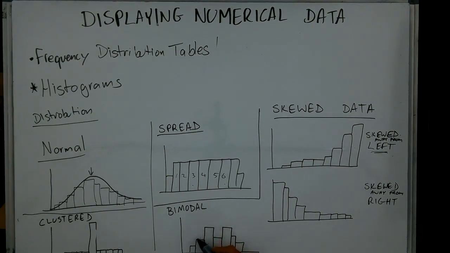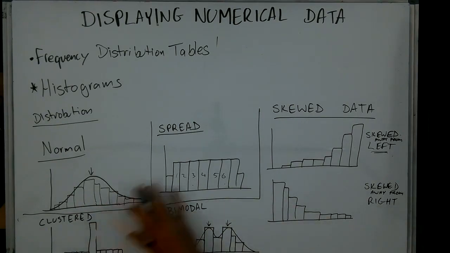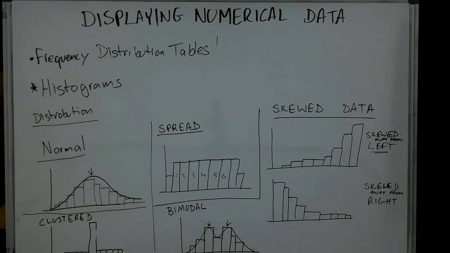So it goes up, comes down, goes up again. So the bimodal means that we've got this peak and this peak. Doesn't always fit into any one category. All data is going to fit into one of these categories of distribution, and hopefully you will eventually learn to distinguish between them.